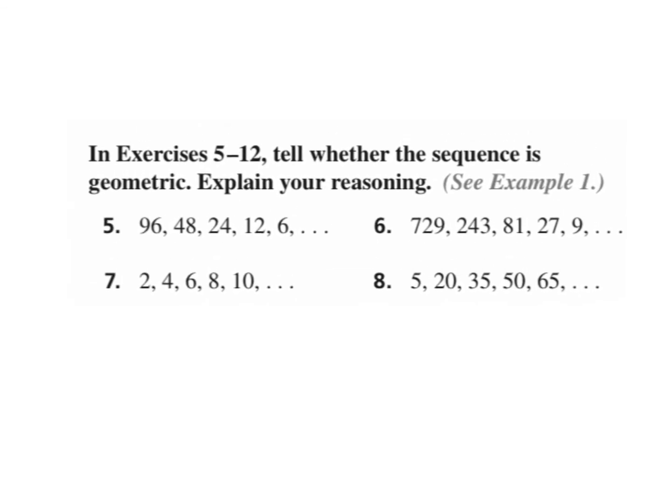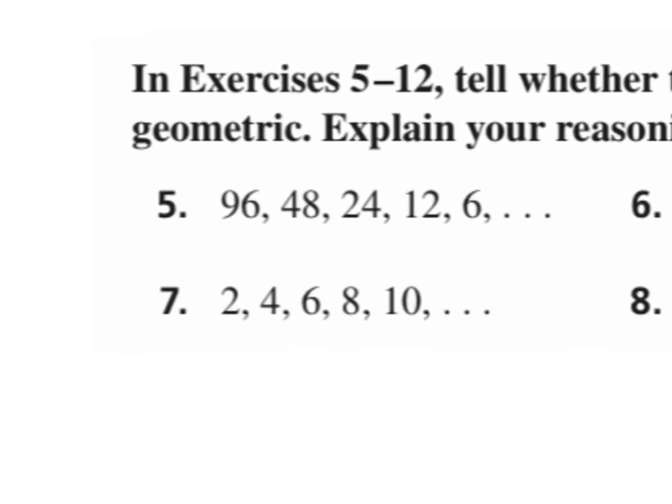In exercises 5 through 12, tell whether the sequence is geometric. Explain your reasoning. To see what we are multiplying by to get from one term to the next, we always take our second term and divide it by the first. So 48 divided by 96 gives us 1/2.